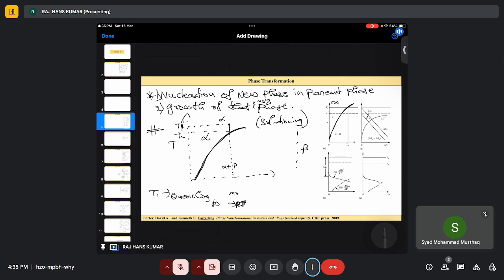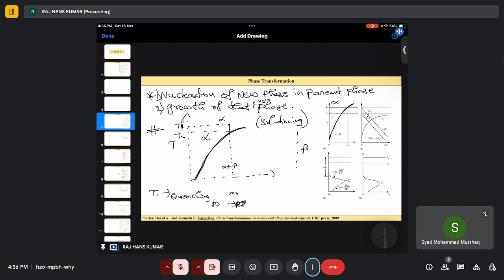So that is what is called quenching. Whatever phase was there at high temperature, we quench it and reach room temperature. That means we are thermally arresting, or arresting the motion of atoms, right?